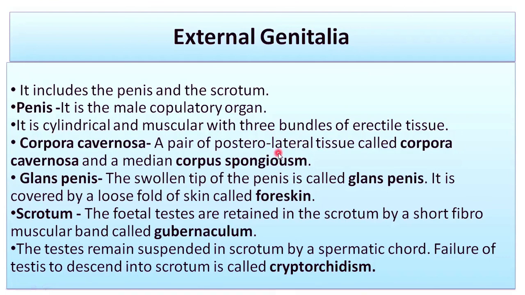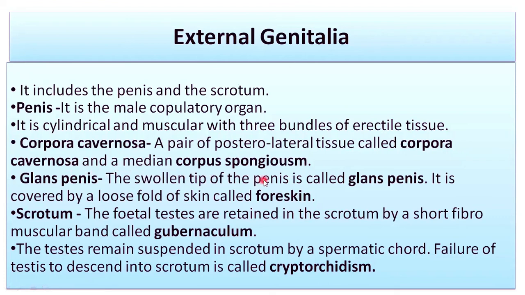Now, in these external genitalia, there are the following layers or bundles of erectile tissue, that is a pair of posterolateral tissue called corpora cavernosa and the median corpus spongiosum.